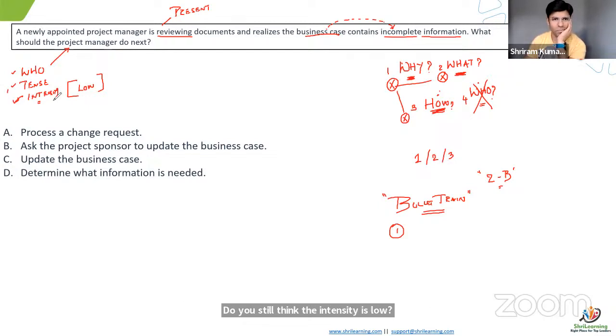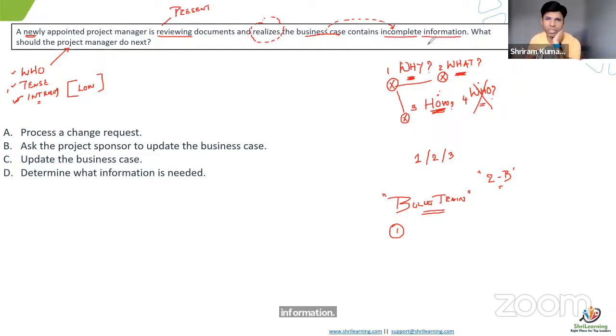Which means the main purpose of the newly appointed project manager is reviewing the documents, and you realize the business case contains incomplete information. Why I'm taking time to explain this is, when you read this question and understand the intensity level better, your answers can get better. Your whole purpose is analyzing the business case, and it looks incomplete.